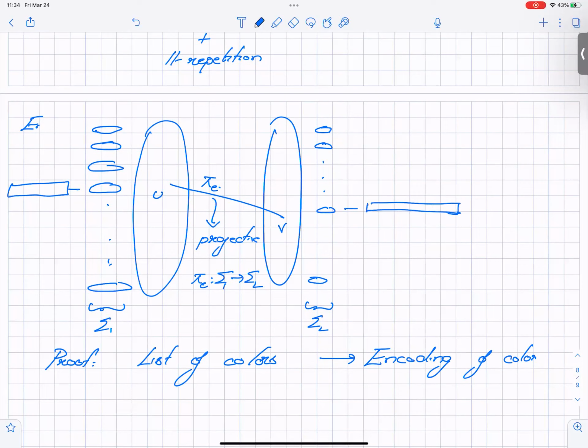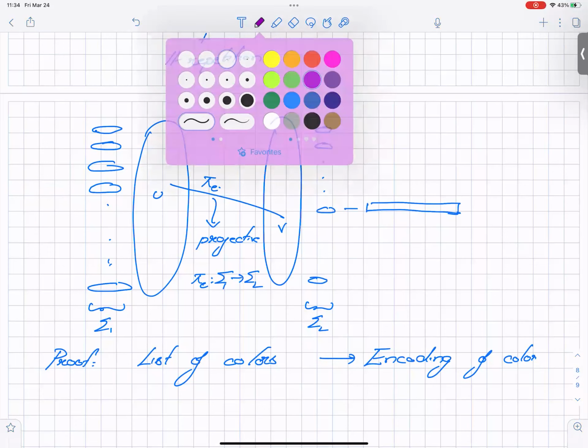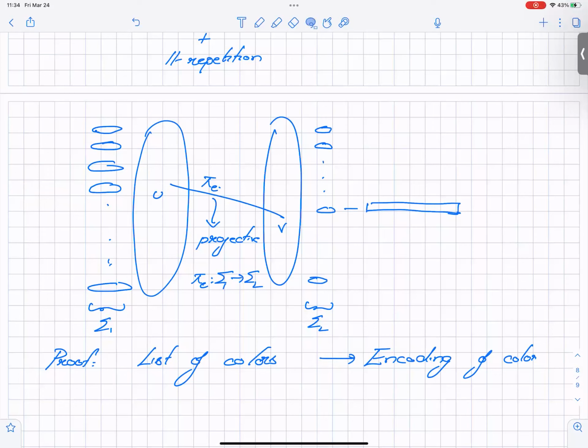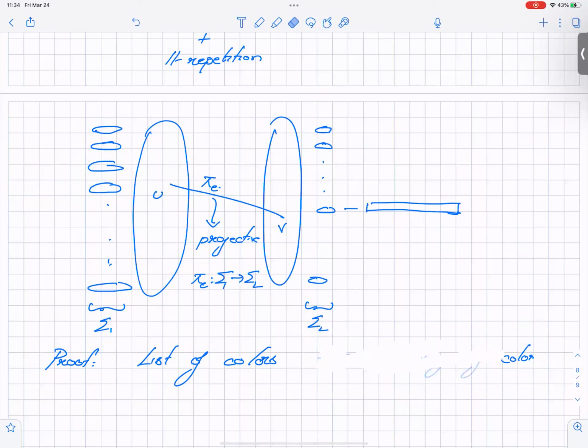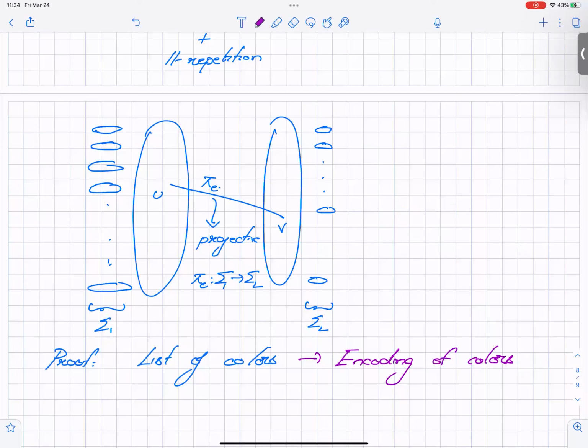So instead of this one, a different color for this is going to be the proof of each guy.